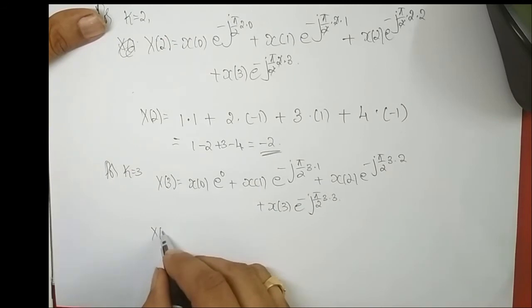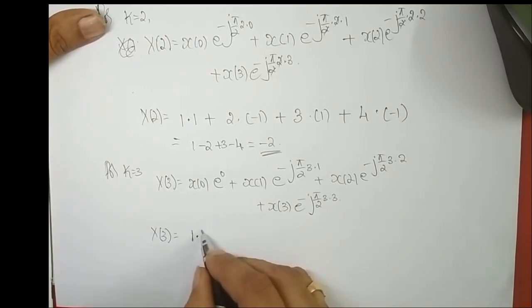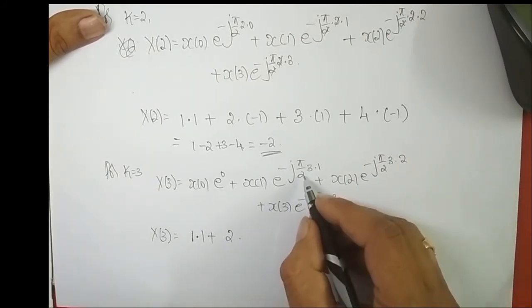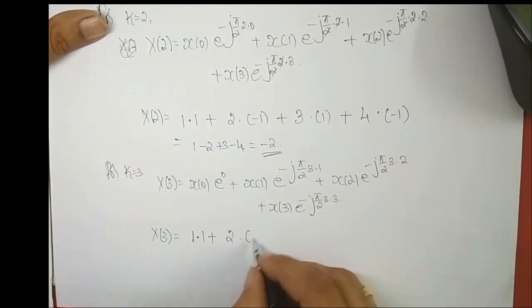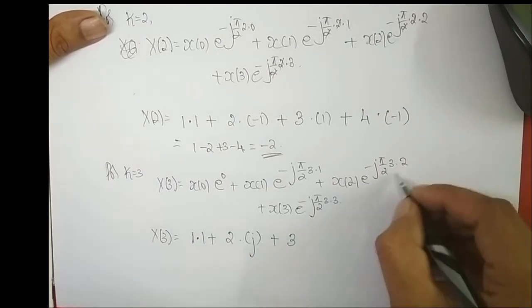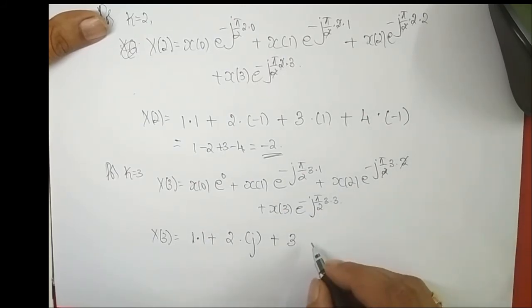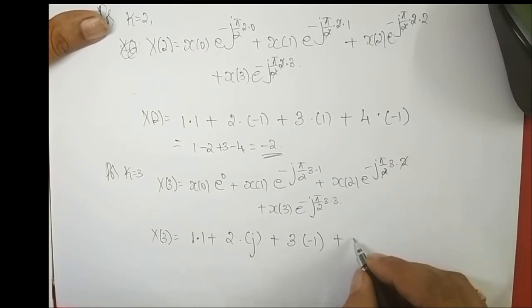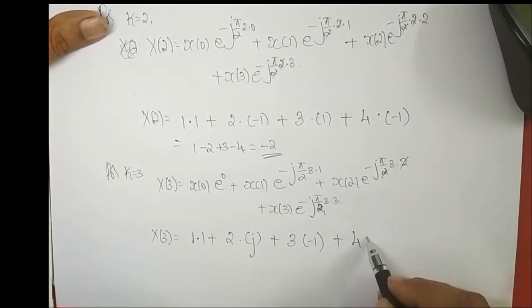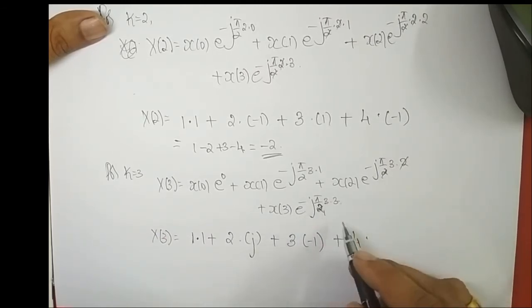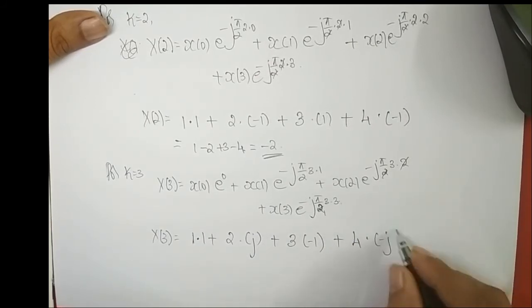Correct now? So X of 3 is equal to x of 0 is 1 into e power 0 is 1, plus x of 1 is 2 into e power minus j 3 pi by 2, it is j, right, plus x of 2 is 3 into e power minus j 3 pi, it is equal to minus 1, plus x of 3 is 4 into e power minus j 9 pi by 2, which is cos 9 pi by 2 minus j sin 9 pi by 2, which is equal to minus j.